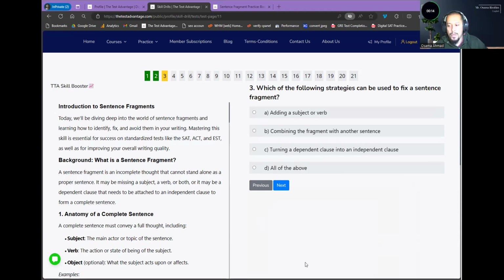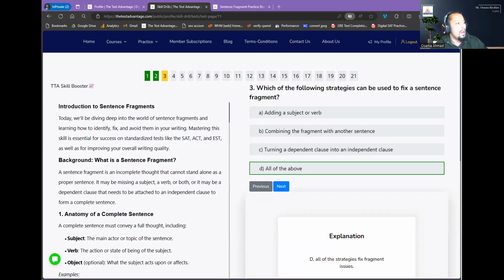Shaza, no. Leanne, very good job. Anas, good. So to fix a fragment, we either add a subject or verb, or we combine the fragment with another sentence, or we turn the dependent fragment into an independent idea. So we're going to say all of the above.